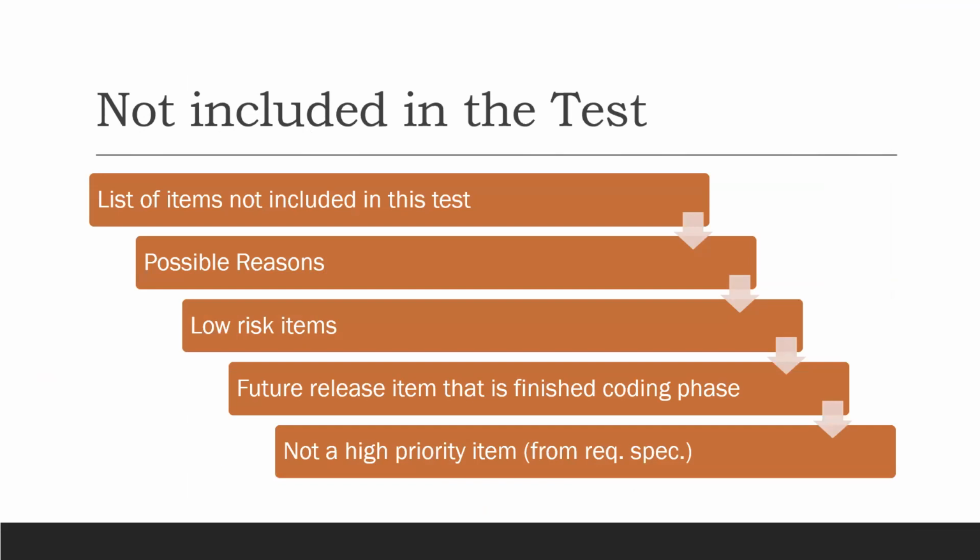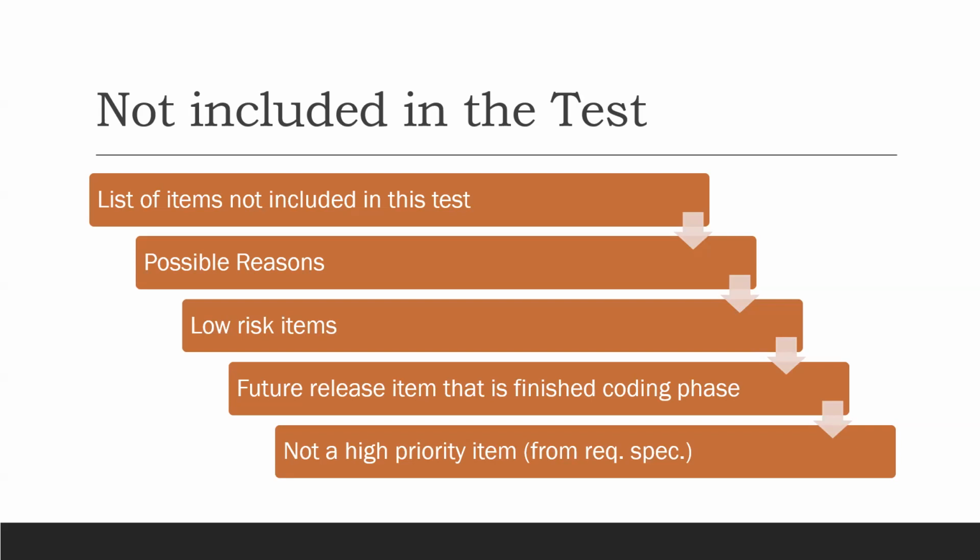Okay, so, not included in the test, once again. You want to include a list of items that are not included in your requirement, but that are essential for you to include in your test plan, and you're testing for X, Y, or Z reasons, right? So you want to know the reasons, the low risk items, and any future release item that has cold code is also going to be part of that.